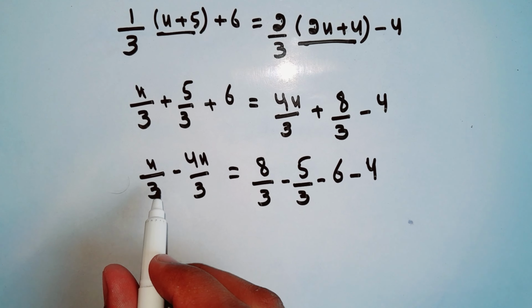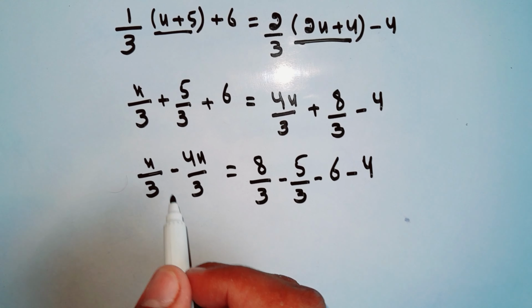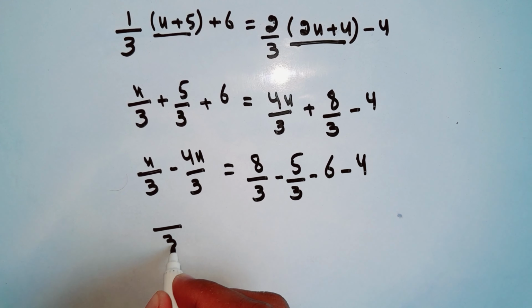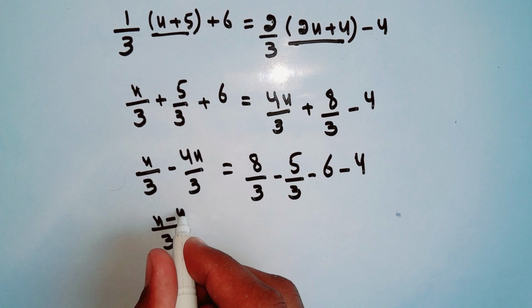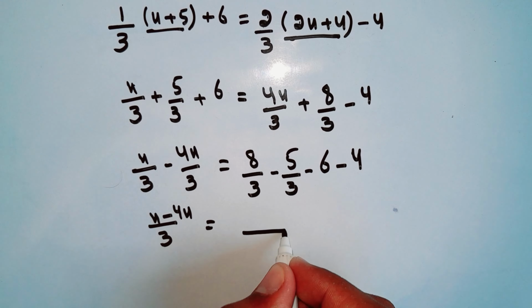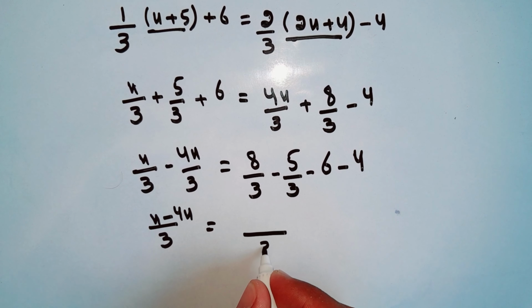So now here the denominators are the same, so the LCM is 3, so we write upon 3. Now x minus 4x equals, both denominators are the same, so the LCM is 3.